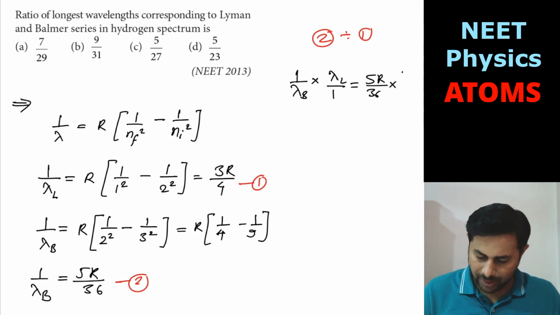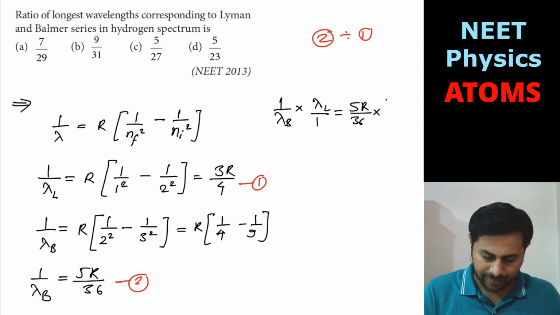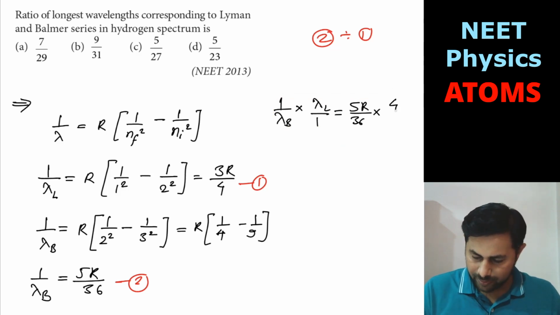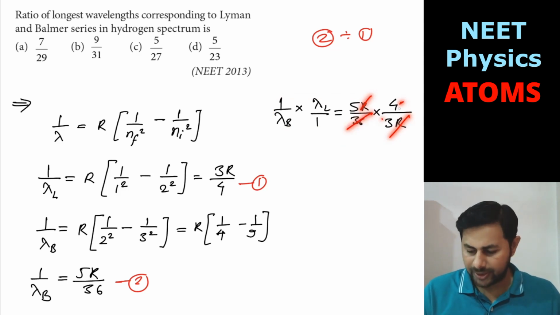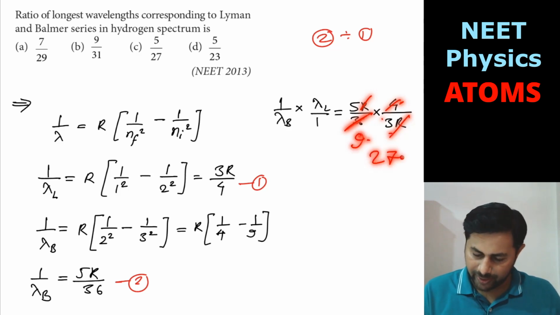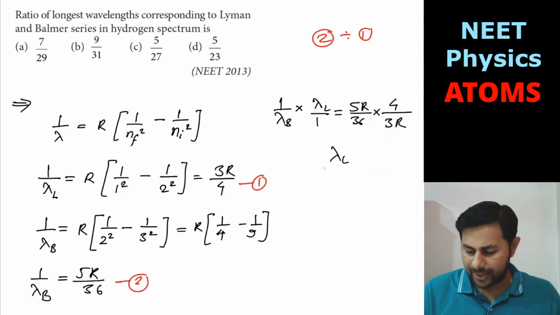So it is 4 divided by 3r, right? 4 divided by 3r. So once again r gets cancelled, and this is option C. 9, 9 3s are 27. 5 is to 27, correct. It's option C. So lambda L by lambda B is 5 is to 27.